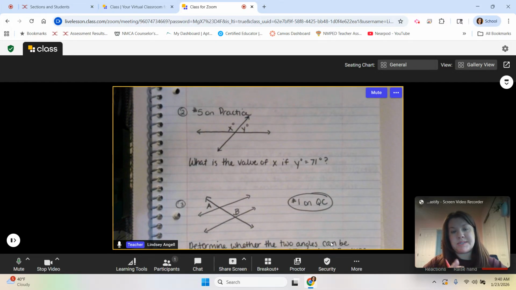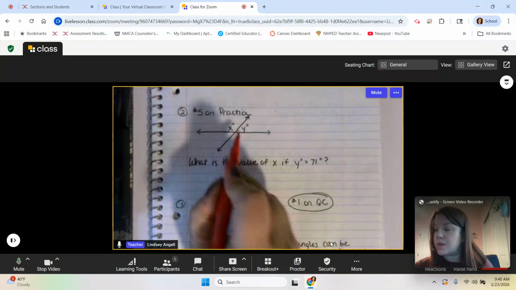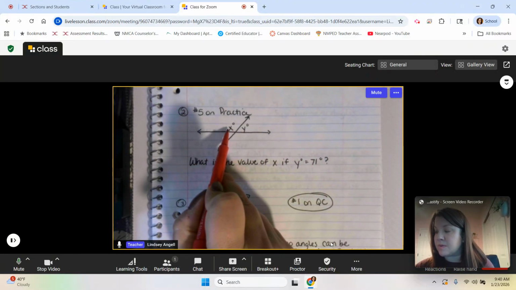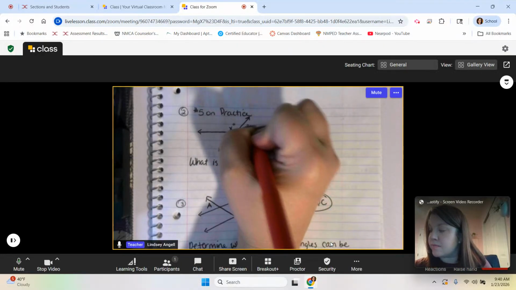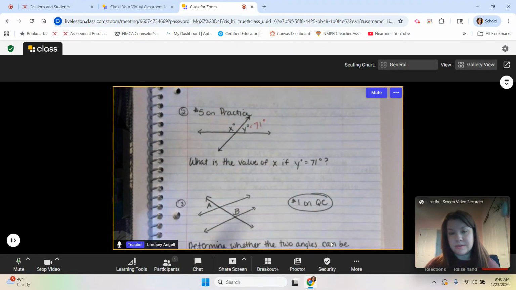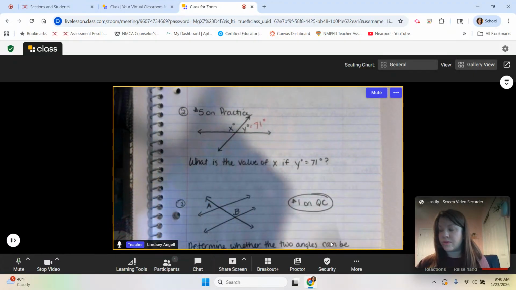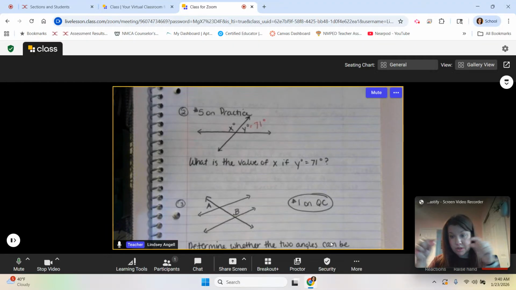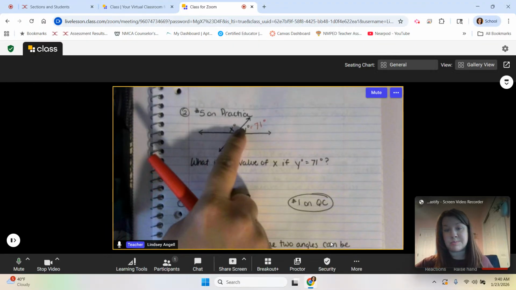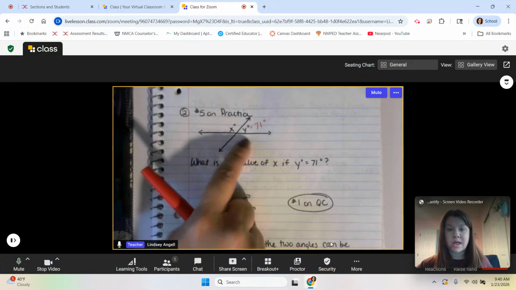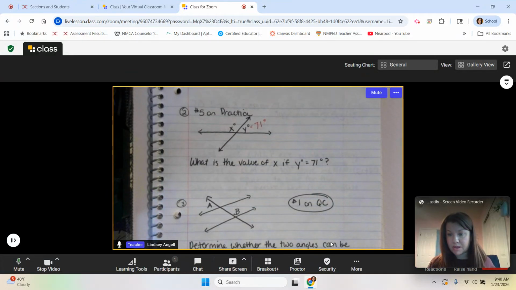All right, this next one is number 5 on your practice. It says, what is the value of x if y equals 71 degrees? Here's x, that's what we're looking for. Y is 71 degrees. Notice they're supplementary because when they're smushed together like they are in this picture, they make that straight line, which means they're supplementary, which also means they add up to 180.